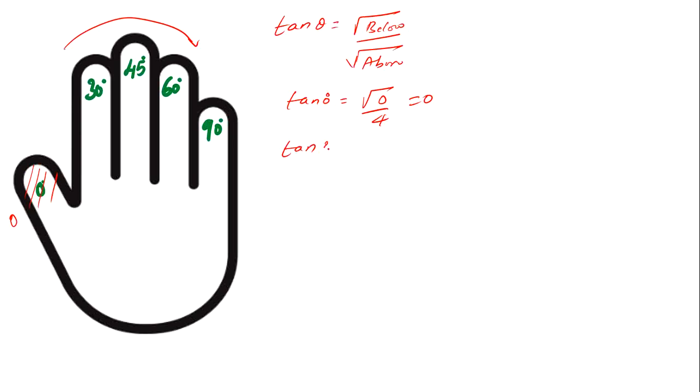Next, tan 30 degree. Close the pointer finger. When you close the pointer finger, below you have one finger, that is thumb finger, and above you have 3 fingers. So it is root 1 divided by root 3, which is equal to 1 by root 3.